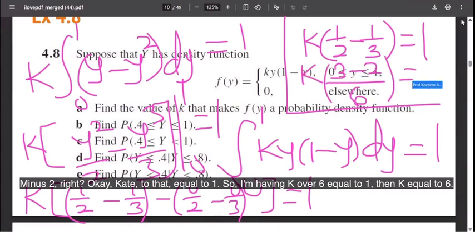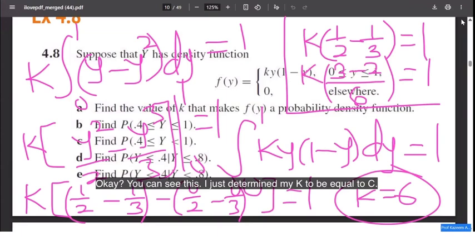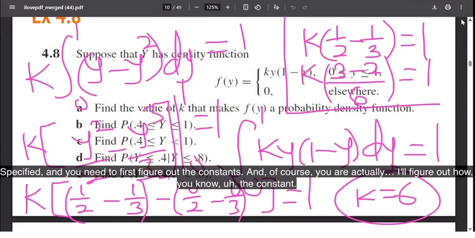So I'm having k over 6 equal to 1, then k equal to 6. You can see I just determined my k to be equal to 6. Whenever a distribution is not completely specified, you need to first figure out the constants.